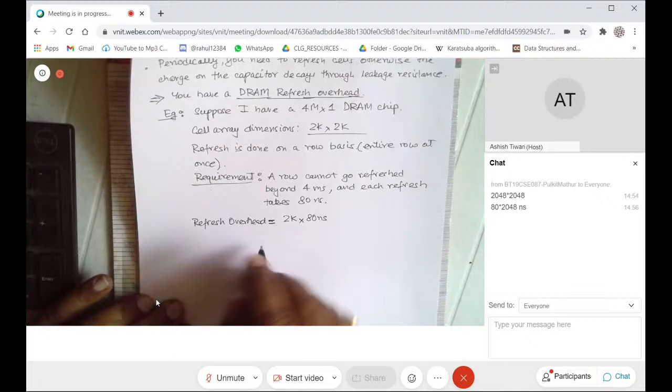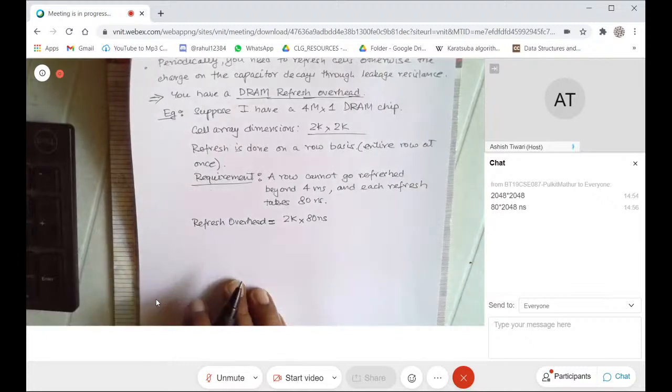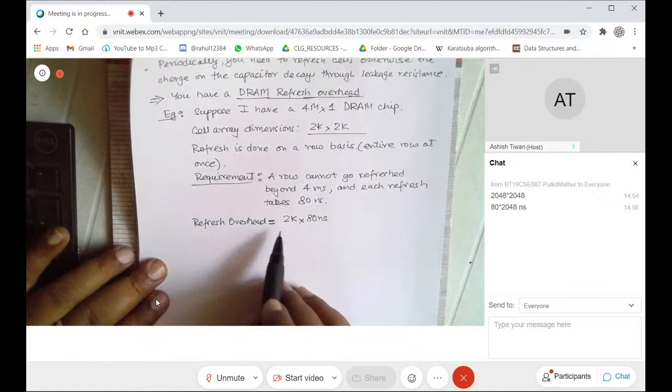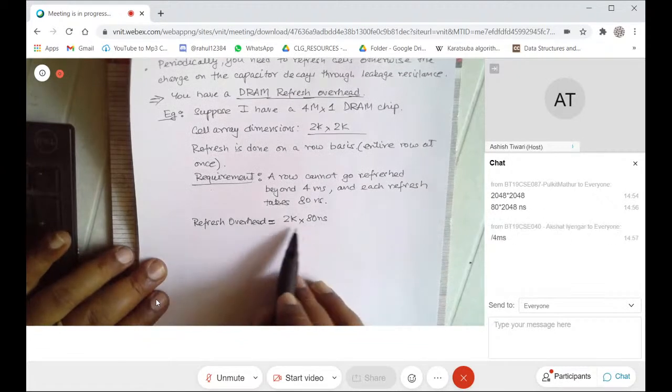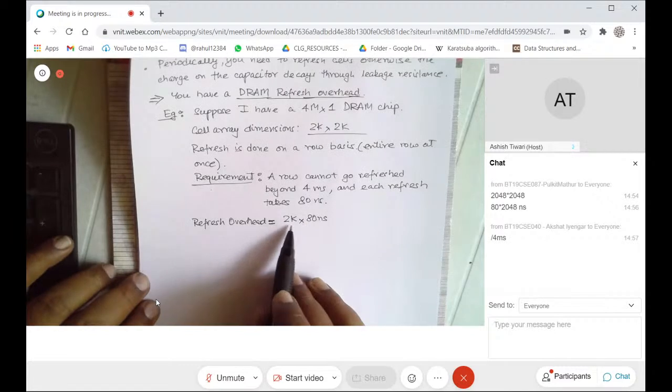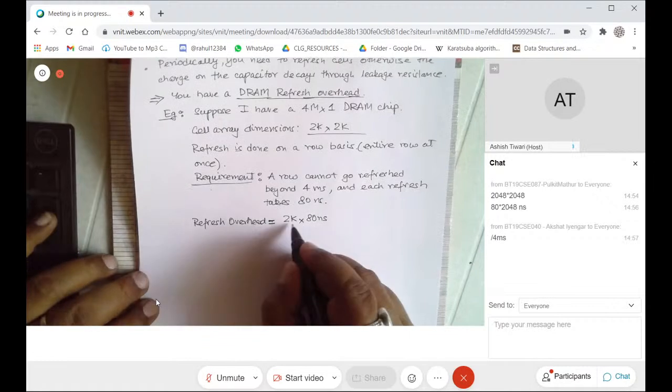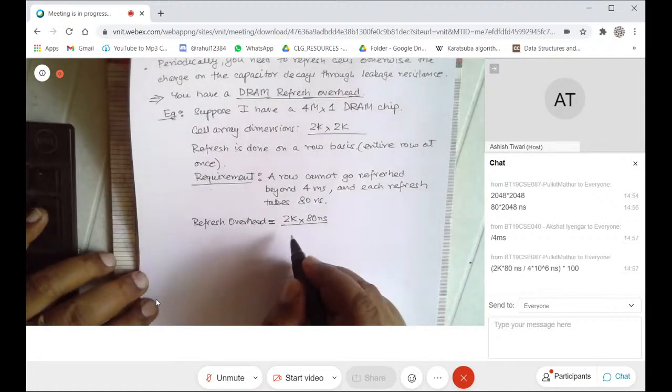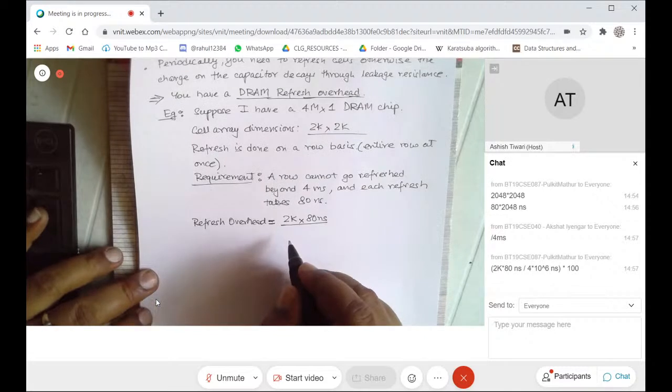So I should spend this much time in refreshing. After how much time should I spend this? Every 4 milliseconds. Very good. So 2K is 2048. 2048 into 80 nanoseconds divided by 4 milliseconds, right?